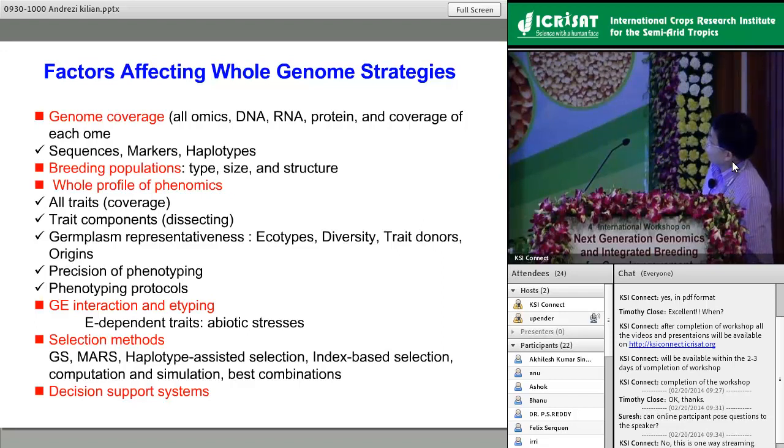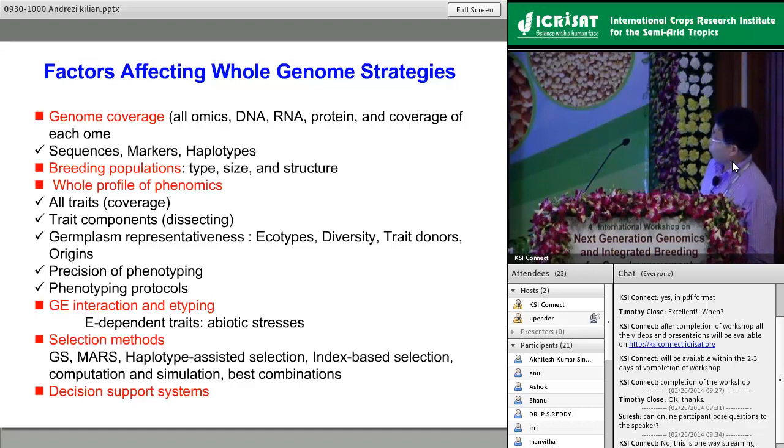For example, we are now thinking more about the genome coverage. So that's all kinds of omics and also the sequence markers and haplotypes. Breeding populations, the whole profile for phenomics. So this is related to all the trait components, germplasm representativeness, the precision of the phenotyping, and also the phenotyping protocols.